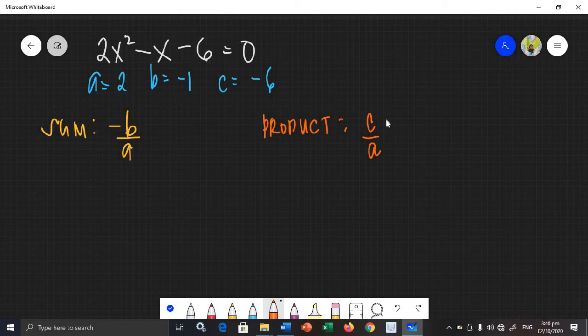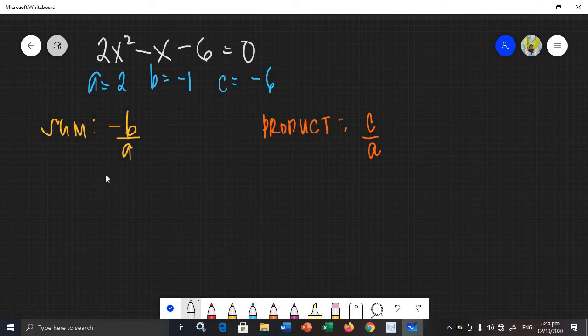Kung real number ba siya, kung imaginary number ba siya, di ba? Sa nature of quadratic roots. Dito naman, we can identify the sum of quadratic roots and the product of quadratic roots without actually solving for the roots. So it is quite amazing, no? Especially sa mga nagde-derive ng formulang ganito. They are very amazing for me.